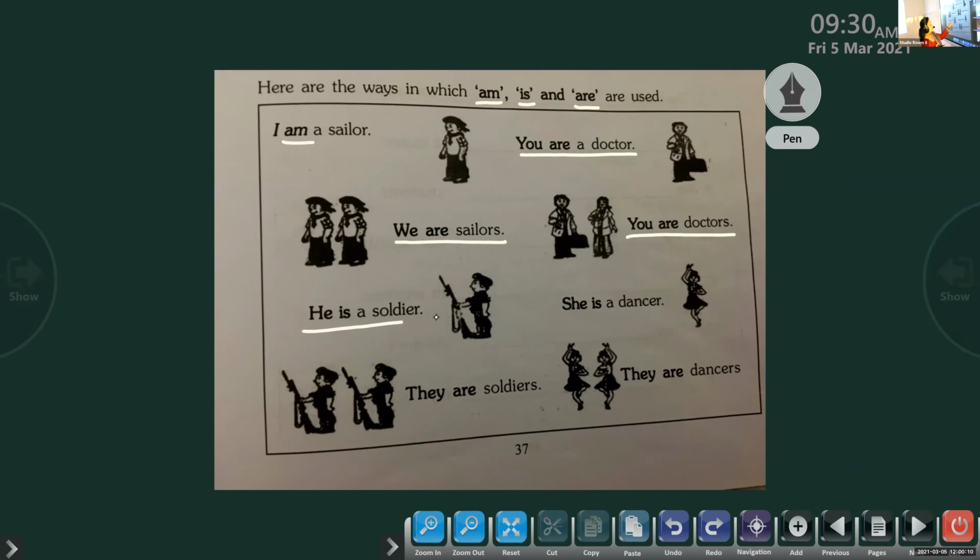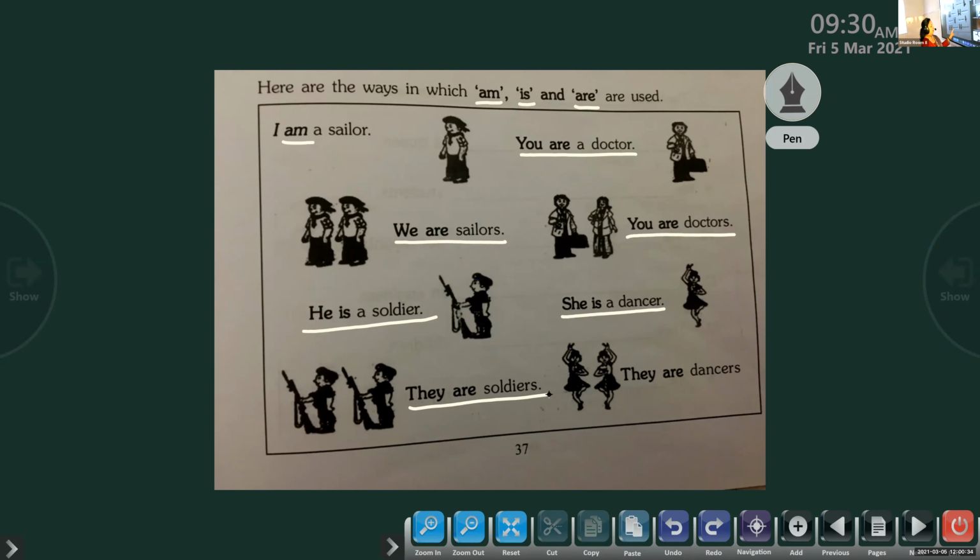Then another person, but only one male: He is a soldier. Another person, but a female: She is a dancer. Then, two people: They are soldiers. See the usage of is and are? Are, because two people are there.